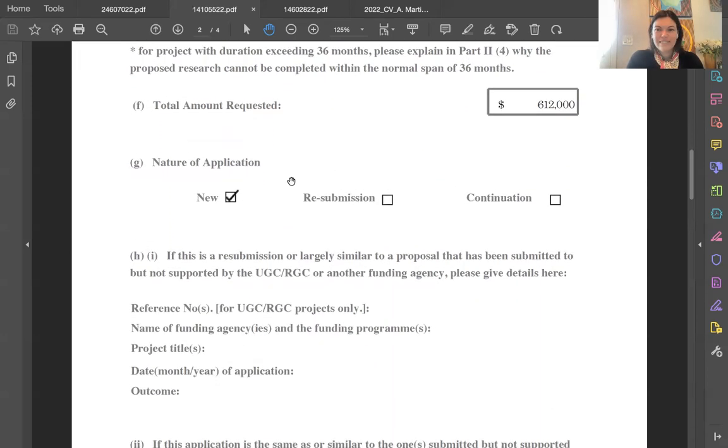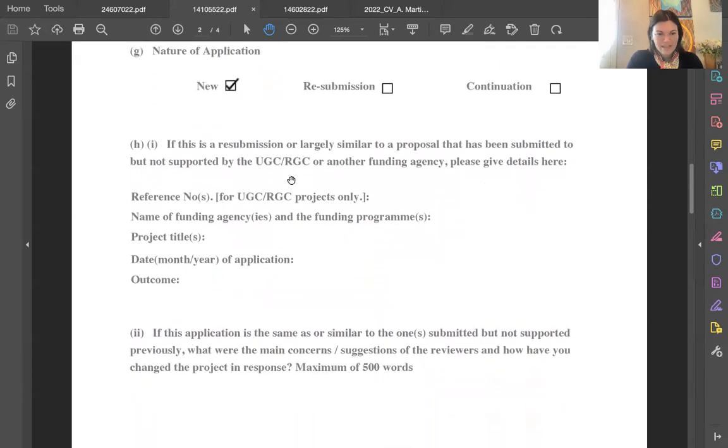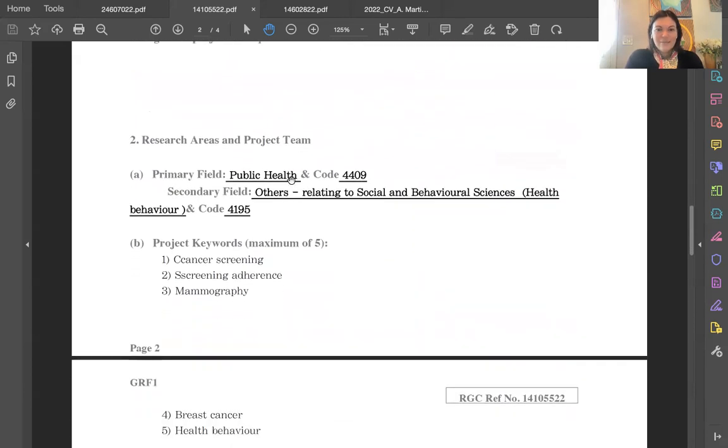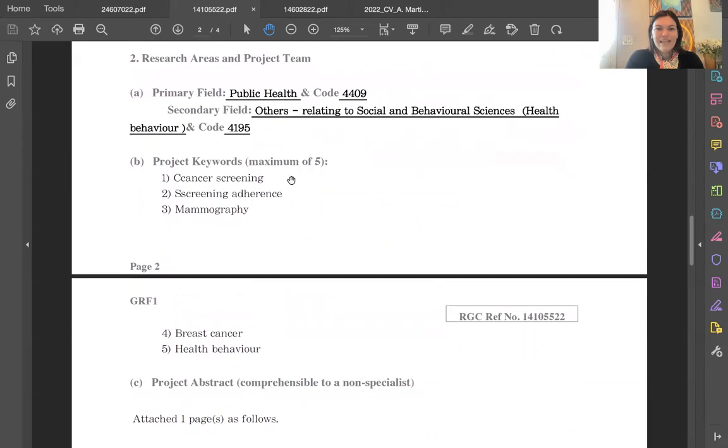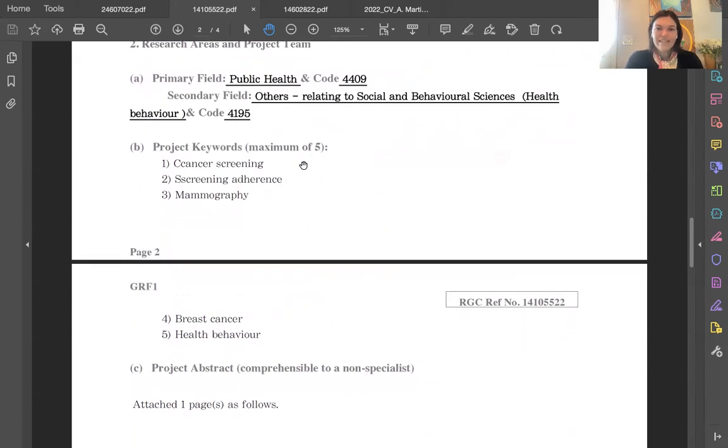So amount requested, you don't necessarily need to worry about that. But we're going to scan down here, and we always want to look at, what is the secondary field? You may remember from our first abstract we went over, the primary field is always public health, but the secondary field was like virology and immunology. This secondary field is relating to social and behavioral sciences. Interesting.